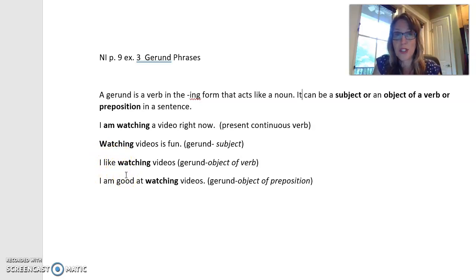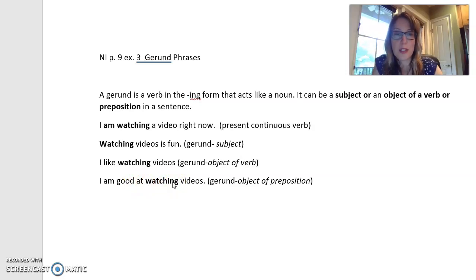So all prepositions are followed by gerunds. If you want to use a verb after a preposition, you need to make it a gerund. I am good at, there's your preposition, watching videos. Because it comes after a preposition, it needs to be a gerund, ing form.